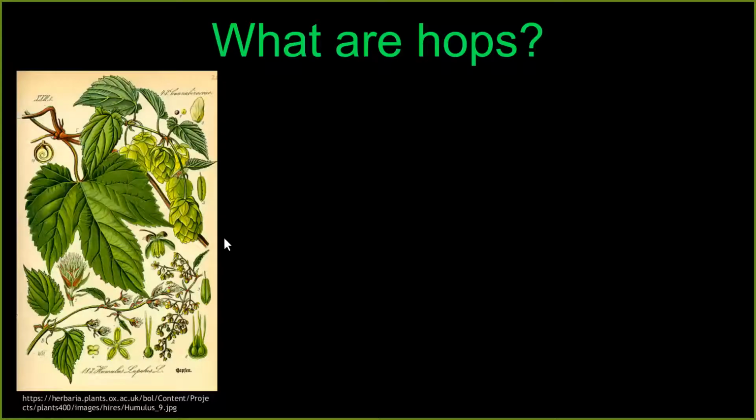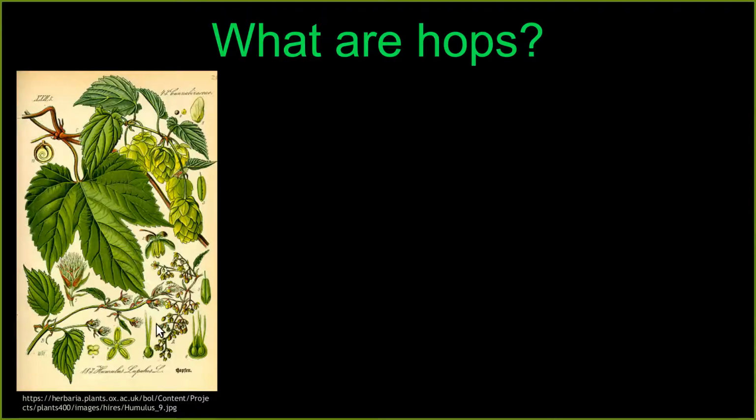So what are hops? Hops refer to plants in the species Humulus lupulus, which is in the botanical family Cannabaceae. Hops are perennial, twining vine plants, and they're dioecious, which means that the male and the female flowers occur on separate individual plants.